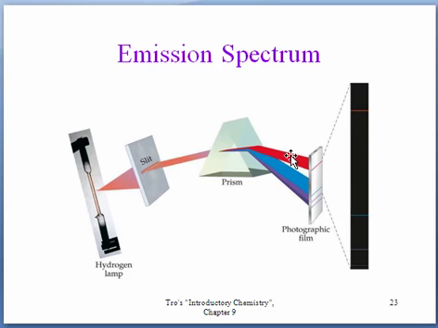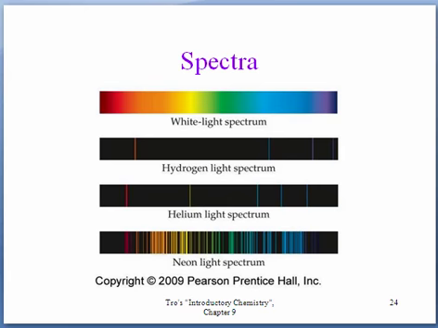Now we have to put the light through a prism, which actually separates it, the light, I mean. So here would be a spectrum of pure white light. All the colors are emitted. Here are the emission spectra of 3 different elements: hydrogen, helium, and neon. When hydrogen is electrified, it emits light of this wavelength. When helium is electrified, it emits light of different wavelengths.